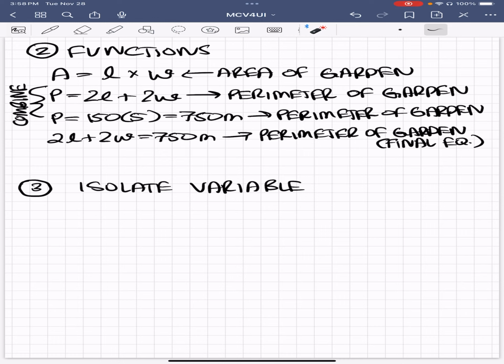isolate a variable. So we're solving for the dimensions that would give us the maximum area. What we're going to do is use this helper function, and we're going to use that to isolate a variable, to create a new function or equation that can be substituted into the area of the garden function.